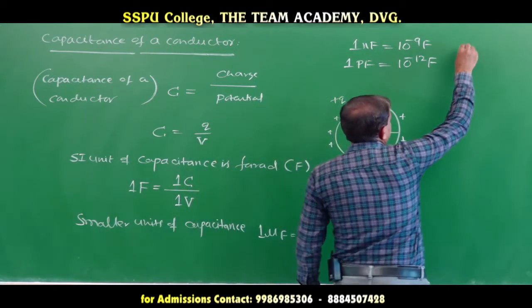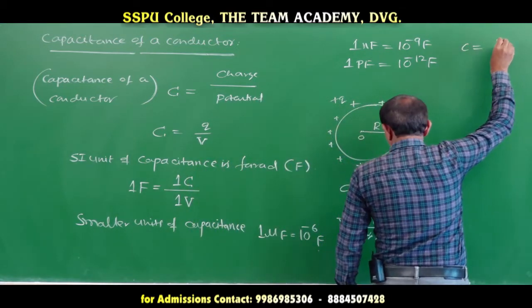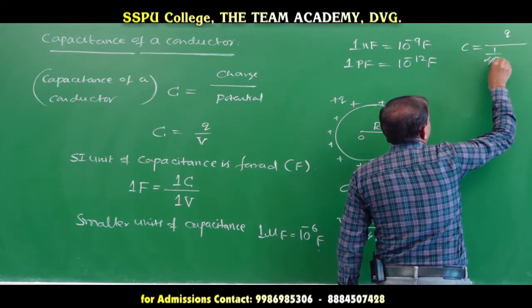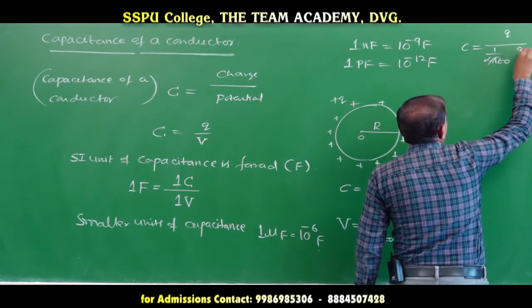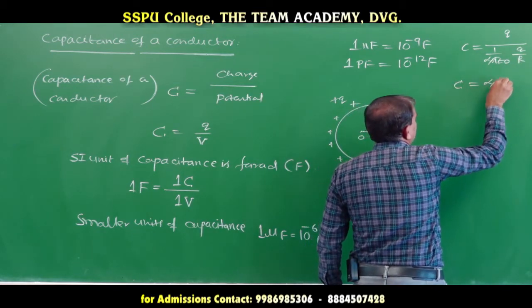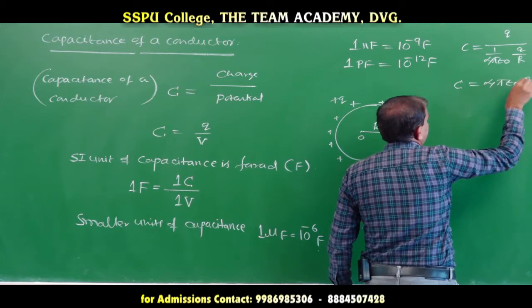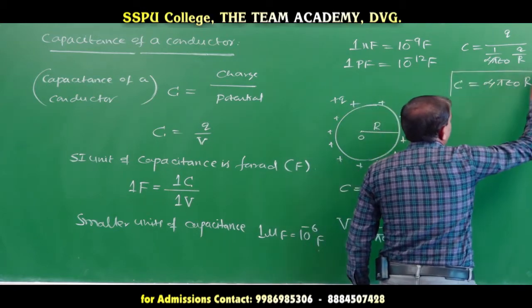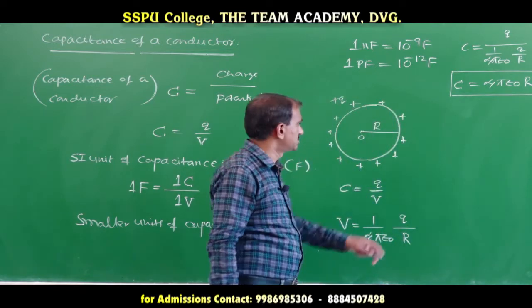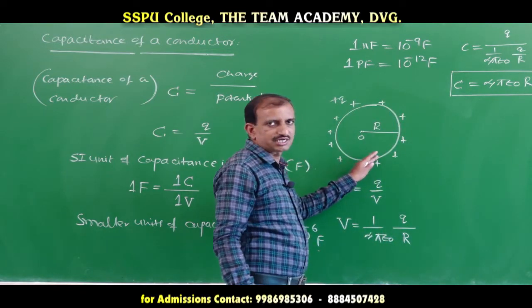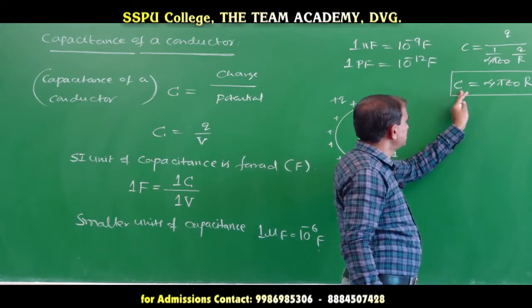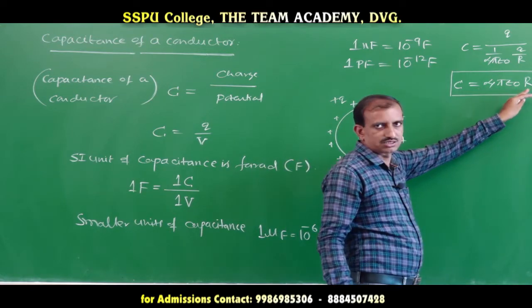Therefore, C is equal to Q divided by 1 over 4 pi epsilon naught into Q divided by R, or C is equal to 4 pi epsilon naught into R. This is the capacitance of a spherical conductor. This is a single conductor. Its capacitance is expressed in terms of the radius, that is C is equal to 4 pi epsilon naught into R.